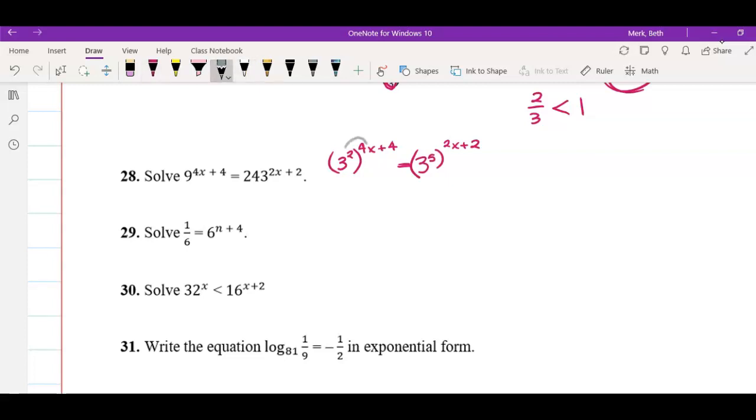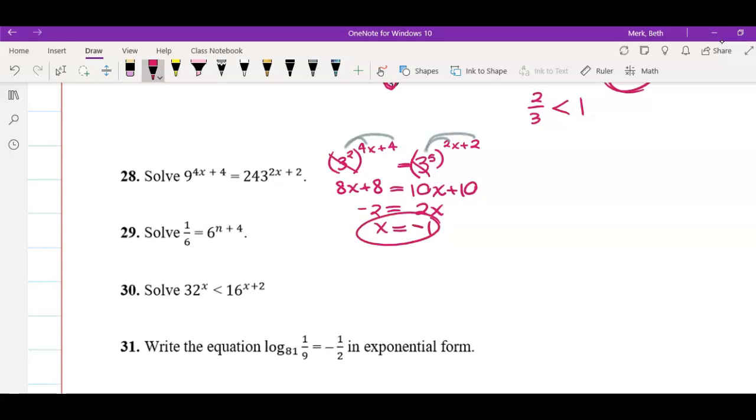Distributing with my exponents, and eliminating my common base, I now have 8x plus 8 equal to 10x plus 10. And solving, 2x is negative 2, so x is negative 1.